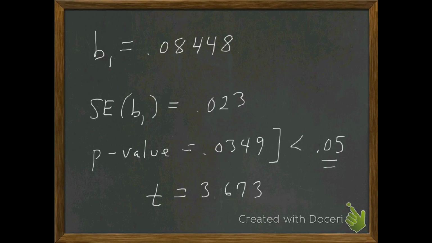Now, if for some reason we needed to control for type 1 error rate, and we set our alpha at 0.01, then we would fail to reject. But right now, we'll just use the standard 0.05. So p-value less than alpha, we would reject the null. Well, let's go ahead and start looking at the formal test.